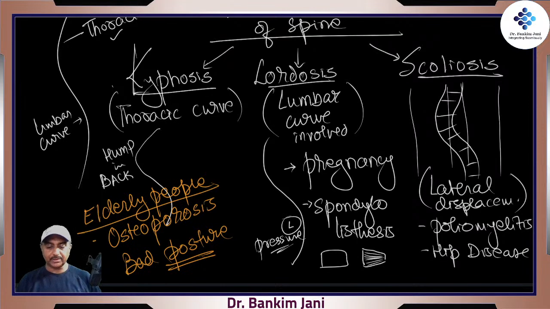When we talk about orthopedics, at that point all these topics will come in great detail. But in general, if anyone wants to pass the USMLE Step 1, these are the keywords which are needed. There can be so many reasons, but scoliosis can definitely be congenital, no doubt about it.